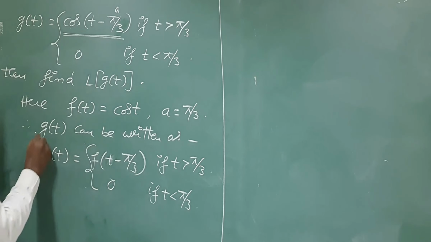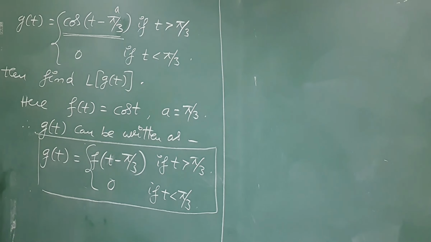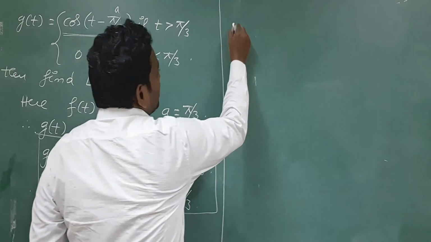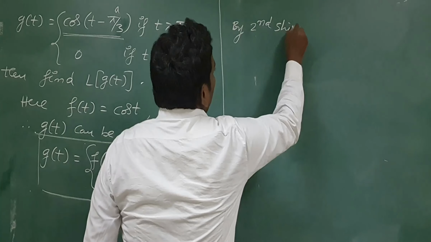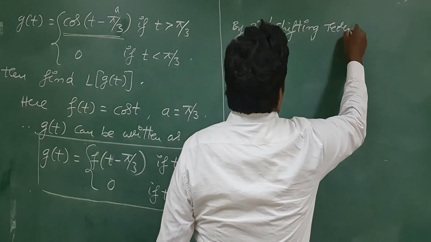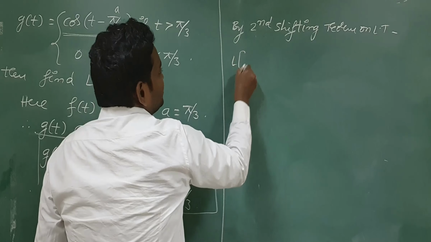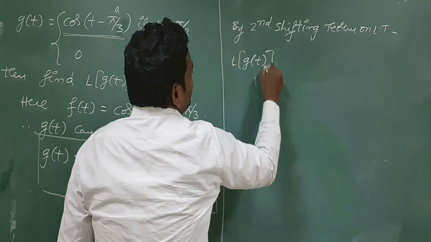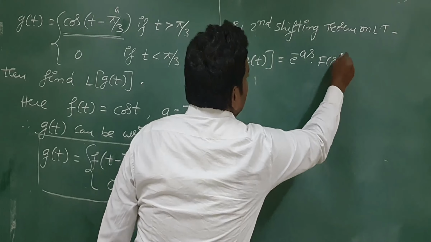Now please compare this function g of t with the statement of the second shifting theorem. If you compare this g of t with the statement of the second shifting theorem on Laplace transform, what happened? L of g of t is equal to e power minus as into f of s.